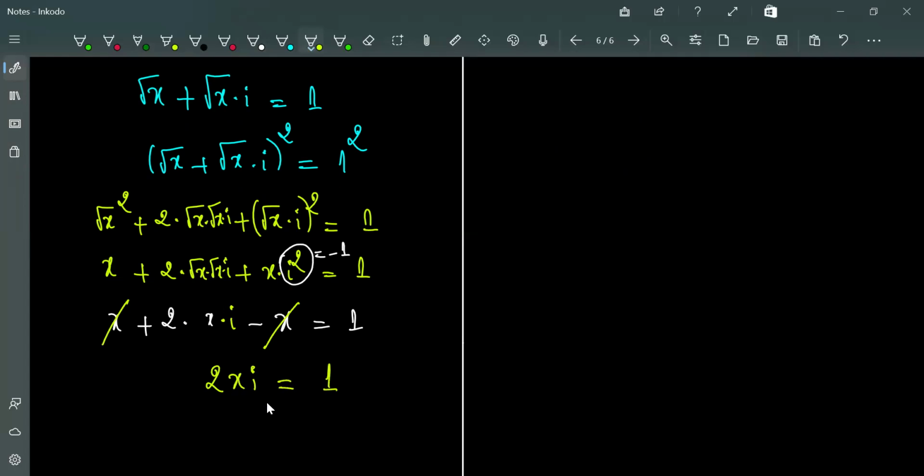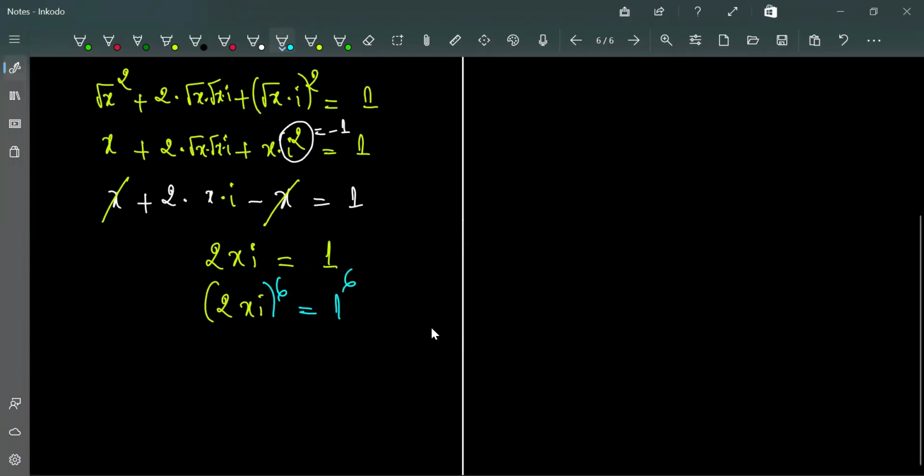You know that we want to know the value of x power 6. So right now we can raise both sides to the power of 6. You can write it like that. So 2 power 6 times x power 6 times i power 6 is equal to 1.